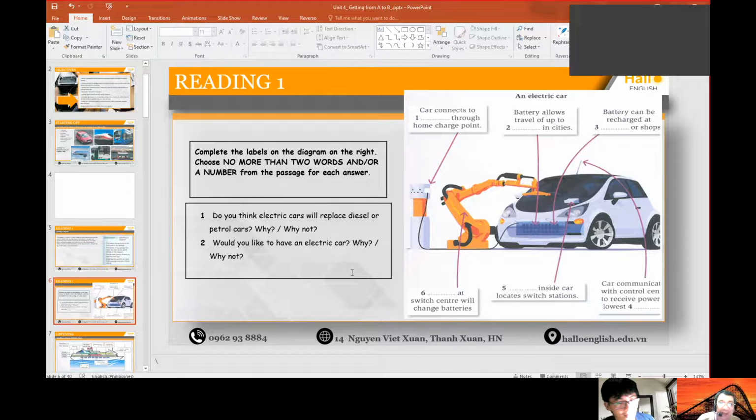So in my opinion, electric cars cannot replace diesel cars. But pollution-wise, yes, we can control air pollution if we use electric cars because they don't emit harmful gas.